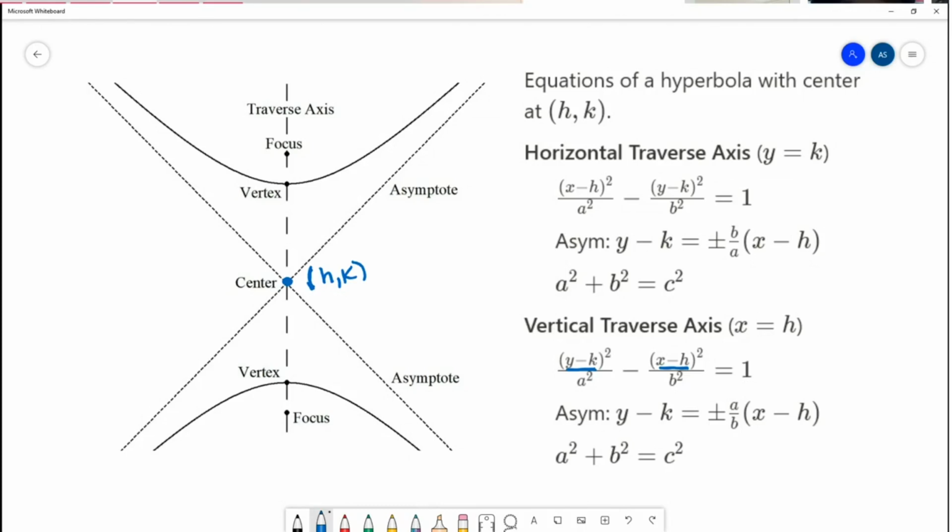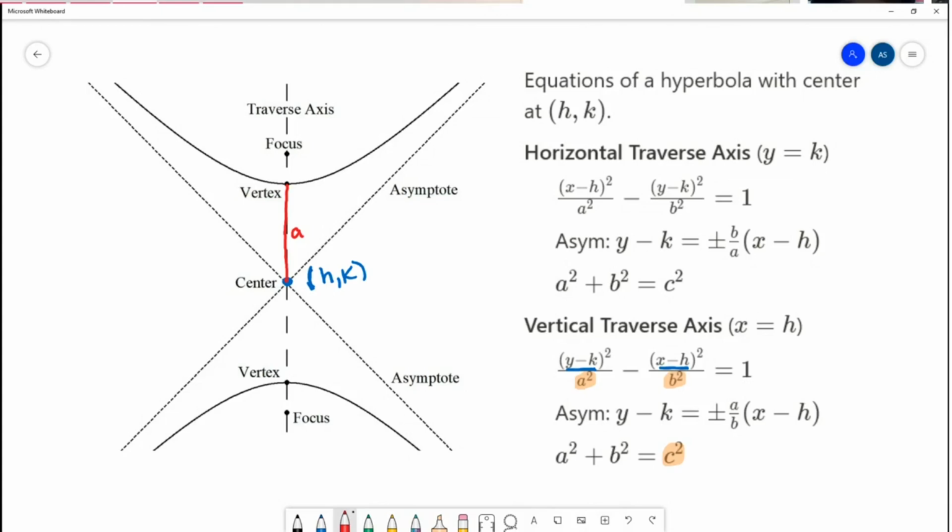And then we have these a and b. So let me show you the a, b, and c on this picture. So a is going to be the distance from the center to the vertex. So going from the center to the vertex, I'm going to label that as a.